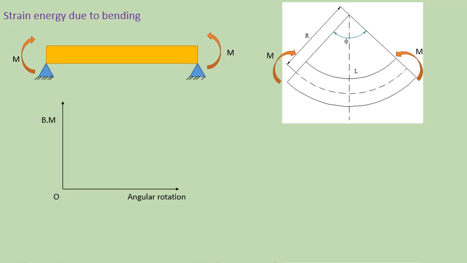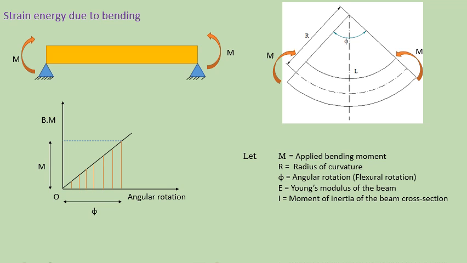It can be represented by a graph by taking x-axis as angular rotation and y-axis as bending moment. It increases gradually, therefore there is a straight line. The area under this graph gives the work done or strain energy.